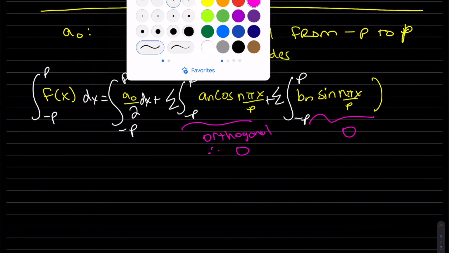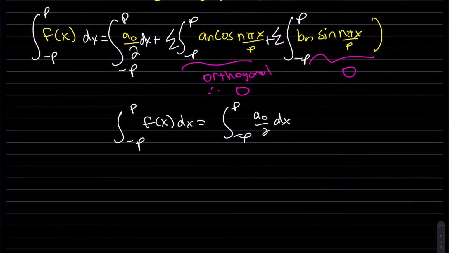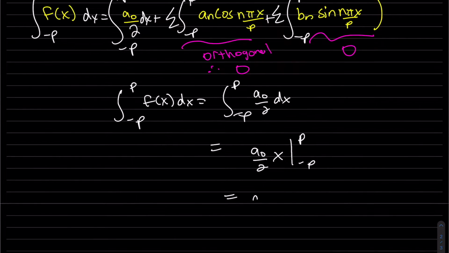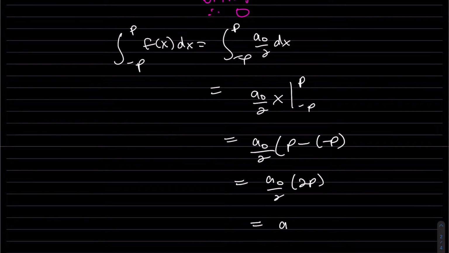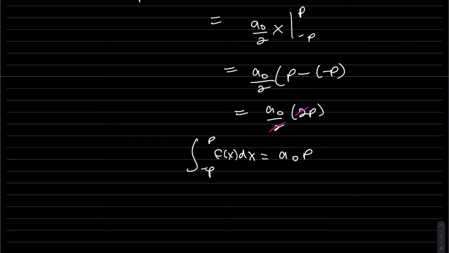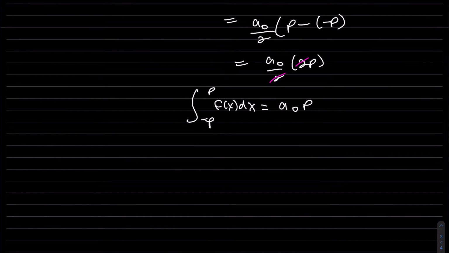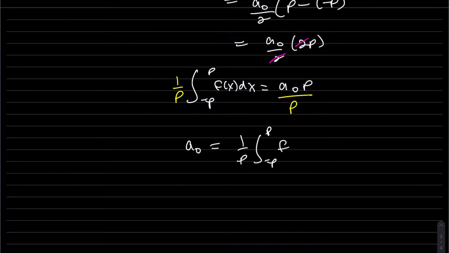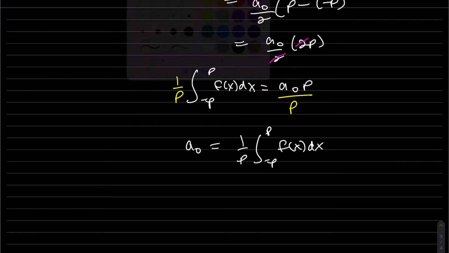And so what we have left, we can integrate this: just a naught over 2 x. Those 2's will cancel. So it looks like we can solve for a naught here. And we found our a naught.